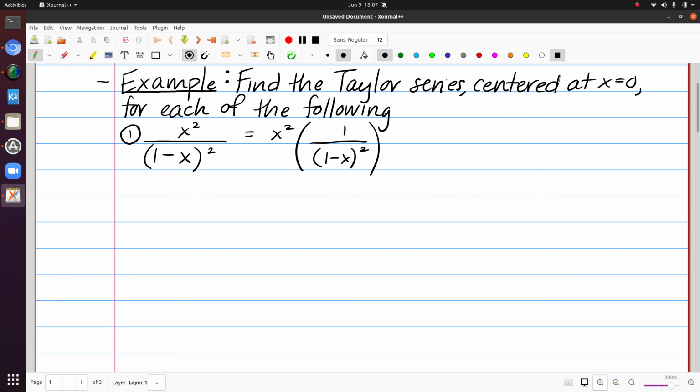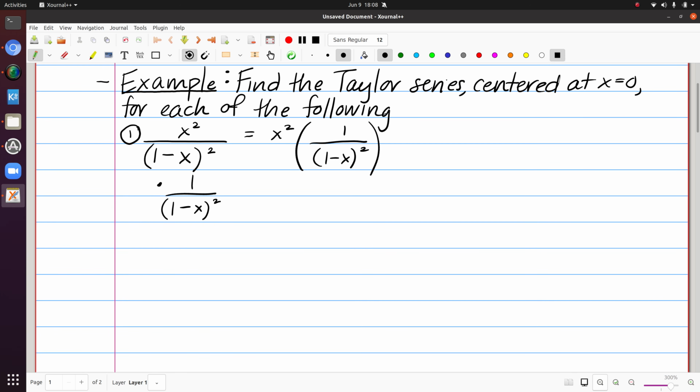So to think about 1 over (1 minus x) quantity squared, the first thing that comes to mind is the power series or the Taylor series for the function 1 over 1 minus x. So I want to think about how I can get to this function from that one. And so your first thought might be that you could square 1 over 1 minus x, which is certainly true. But multiplication of series or squaring series is not one of the operations we talked about.